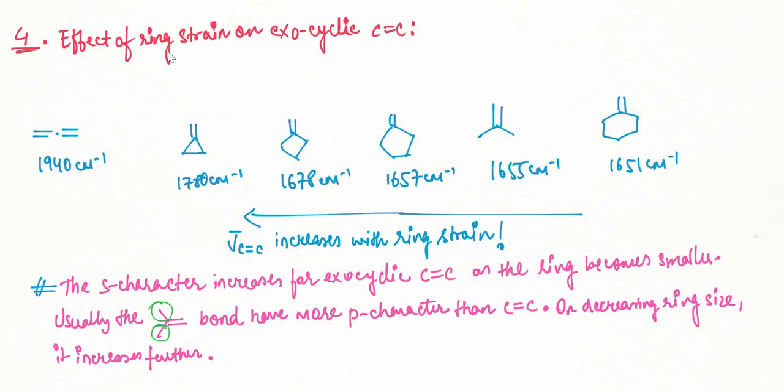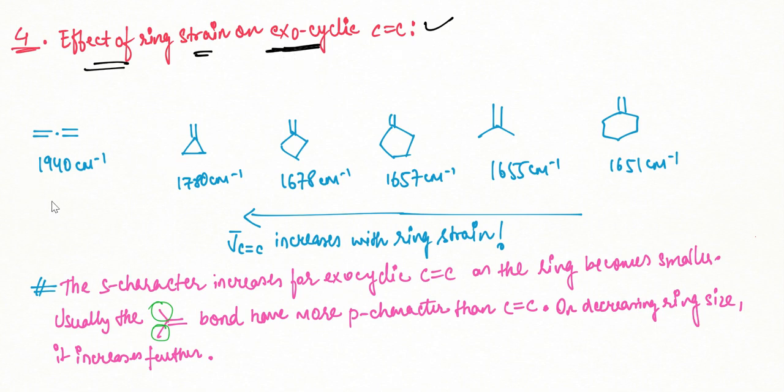Alright guys, now we are going to talk about the fourth effect, which is the effect of ring strain on the exocyclic carbon-carbon double bond. Previously, in the last two slides, we talked about the endocyclic bond. Here we are talking about the exocyclic carbon-carbon double bond.